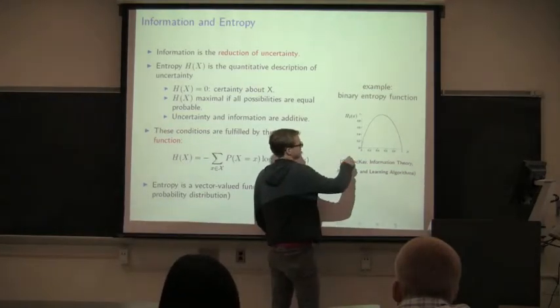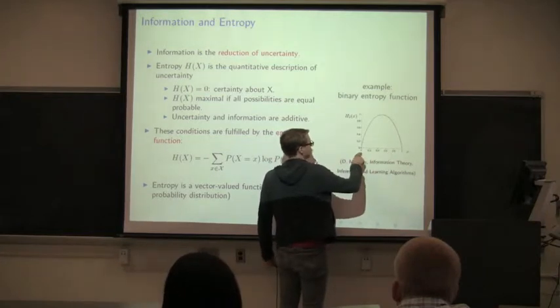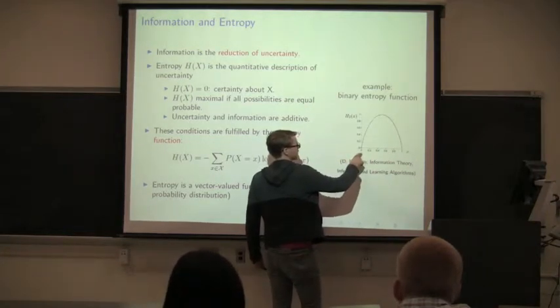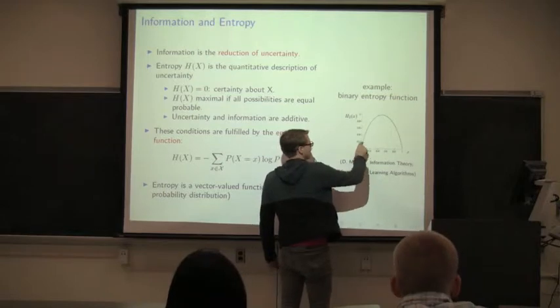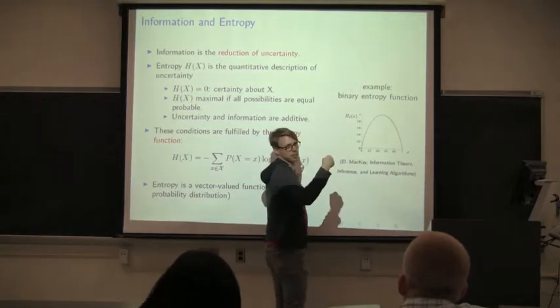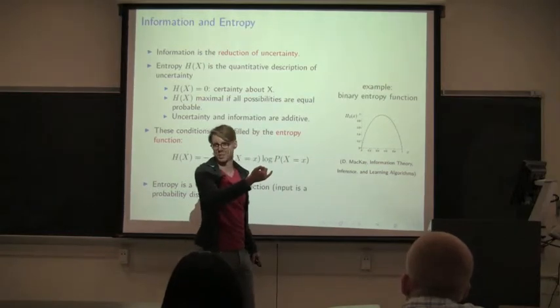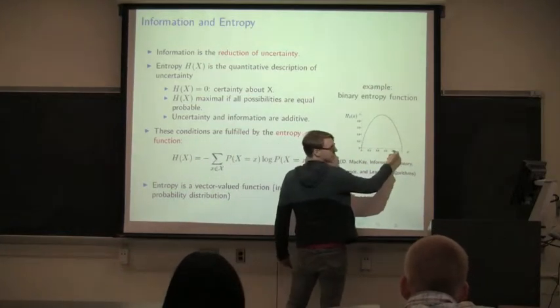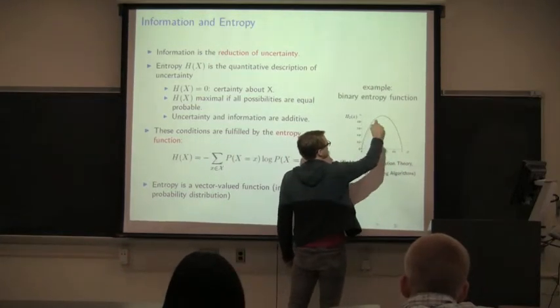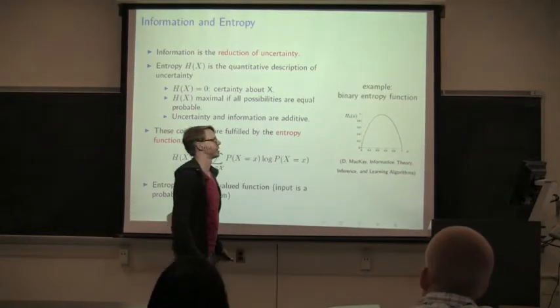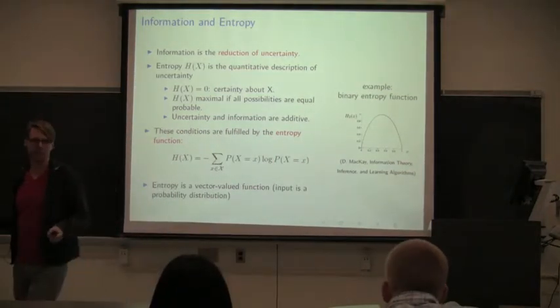If the probability of observing x is 0, then the probability of observing the other value is 1, so the entropy is 0, because we're absolutely certain about the value, and the same on the other side. The entropy is maximized if the probability of both occurrences is equal.